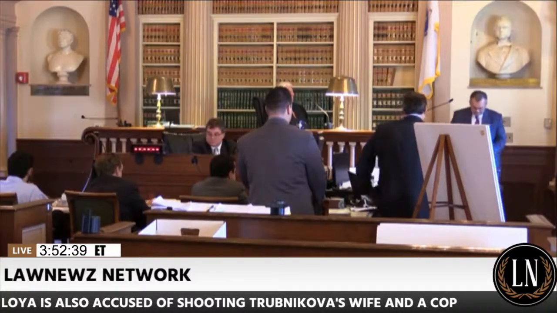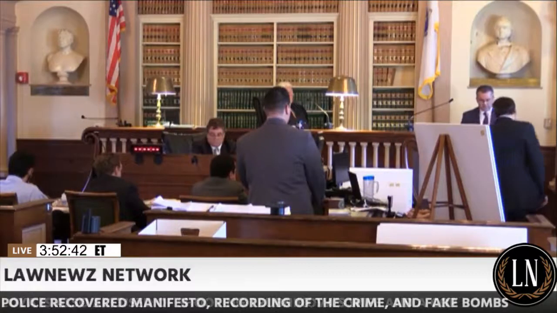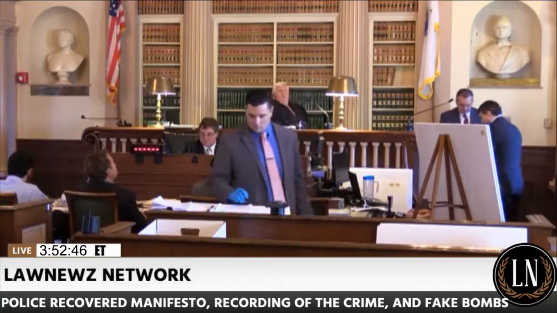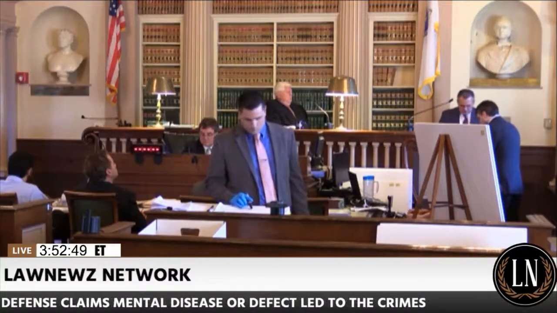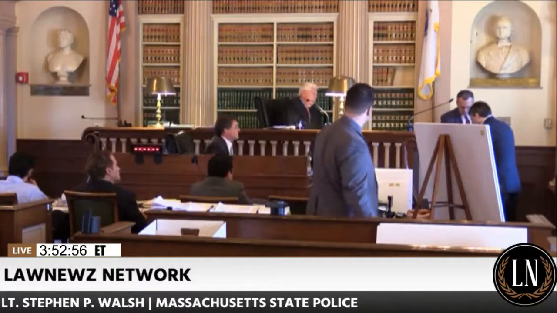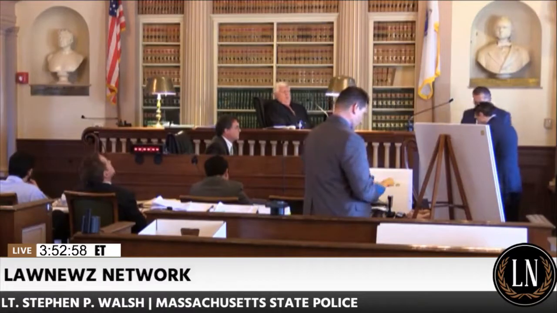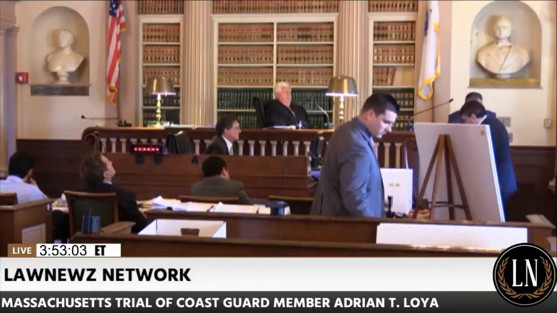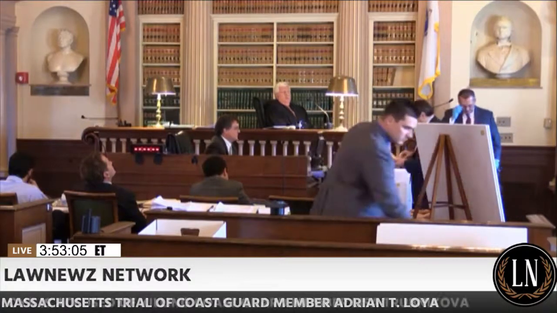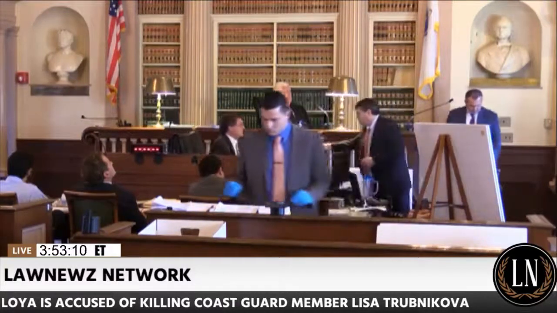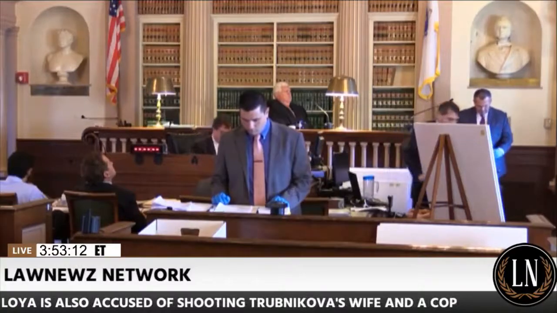These are the discharge cartridge casings depicted in the photos. I'd offer these as a composite. No objection. To be bound together, I believe you had an elastic, did you, Mr. Glennie? Yes, sir. Bind them together, and Mr. Clerk, you can put them in a larger envelope. Number 108. Thank you.